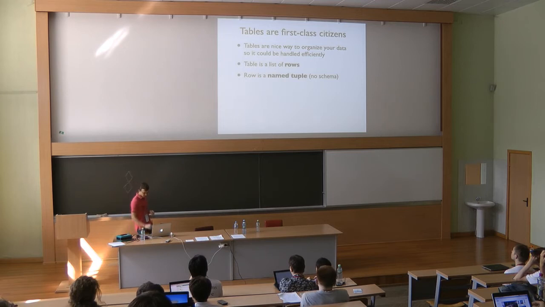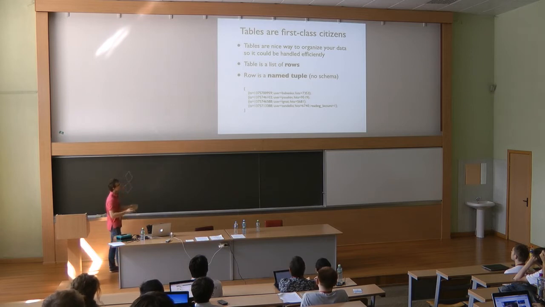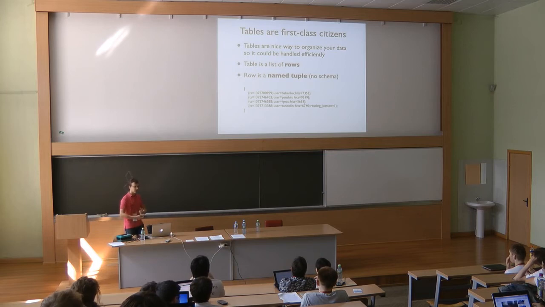For example, there could be a table with 4 rows with timestamp data, with the user field, with the hits field, and occasionally the last record has a special key, lecture, equal to 1. We do not enforce any schema in our table structure, which is quite useful because otherwise this would incur extra schema changes all the time.